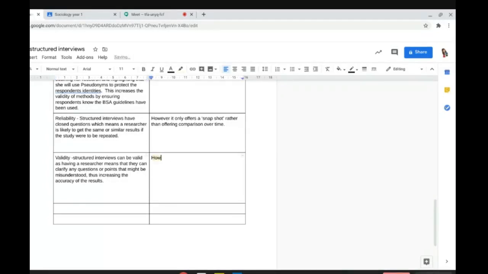However, having an interviewer present can cause an interviewer effect where their gender, class, or ethnicity can have an impact.